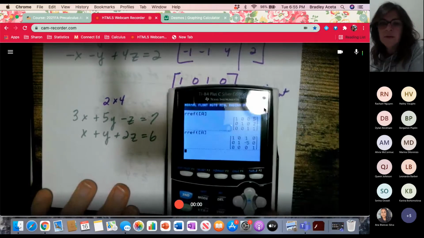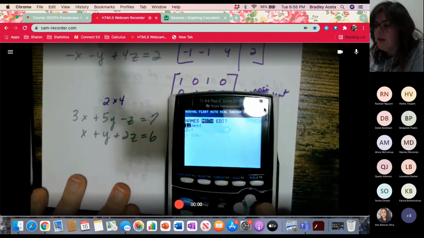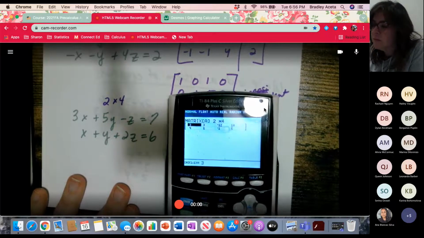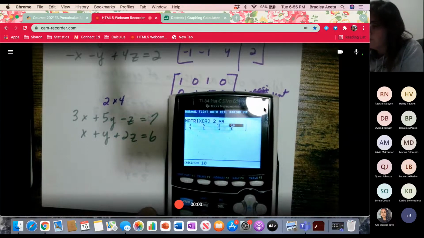So again, I have to rename my matrix A by going into the matrix, second matrix, edit A. This time it's a 2 by 4. And I'm going to put in my numbers. 3, 5, -1, 7, 1, 1, 2, and 6.